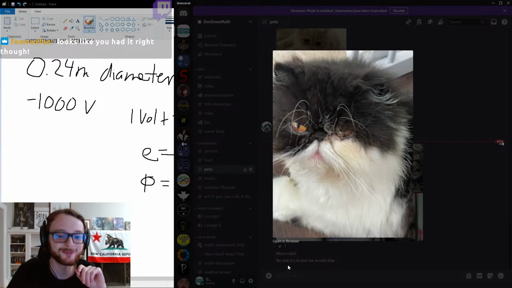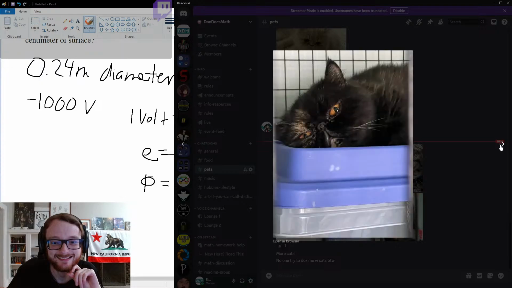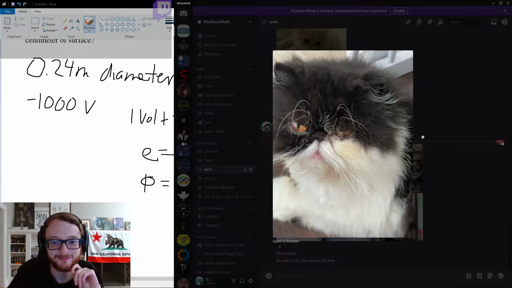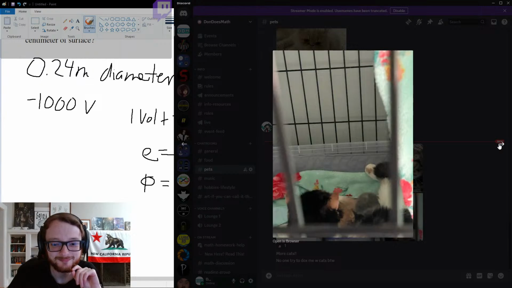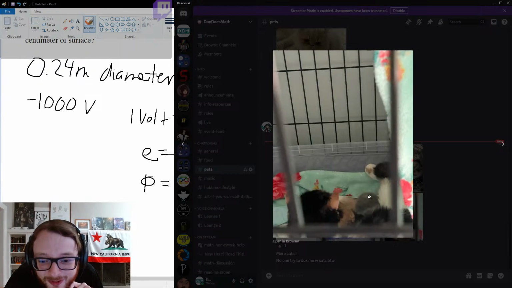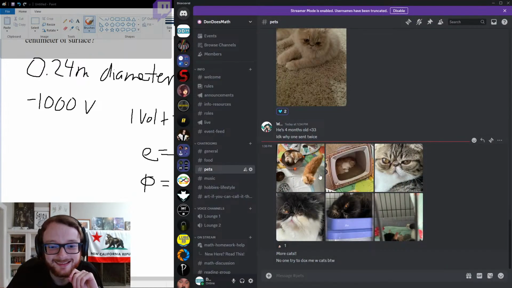No one tried to dox me with cats. This is a grumpy cat right there. I guess they all look a little grumpy. But especially these two with their facial expressions. Oh, that looks like some little cats right there. Aw.